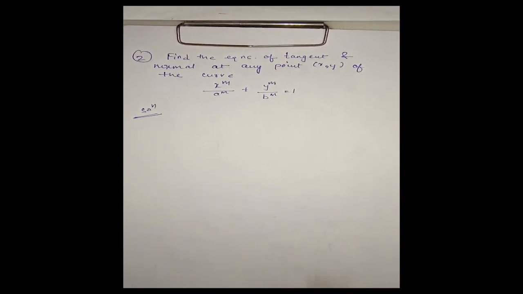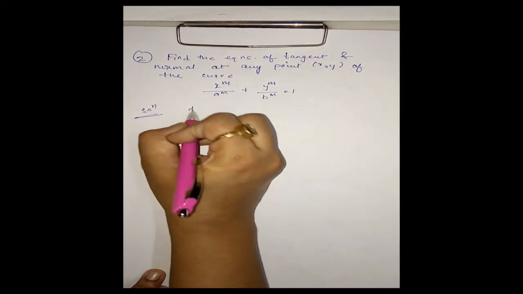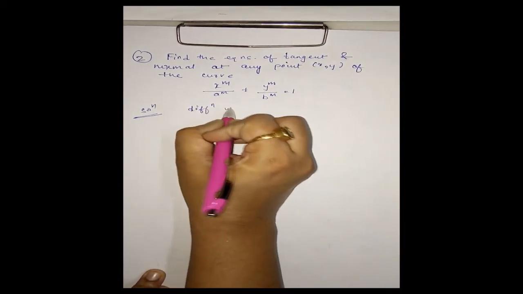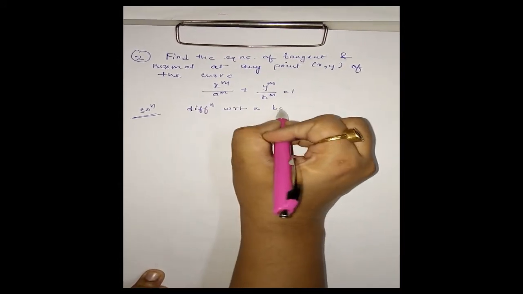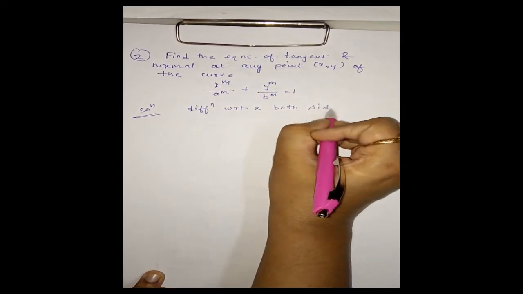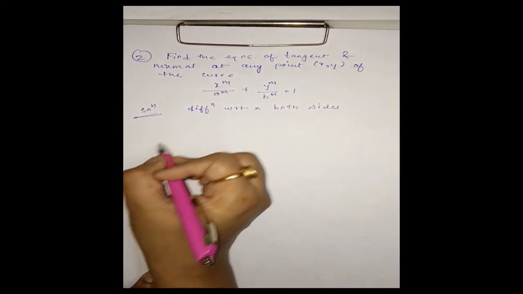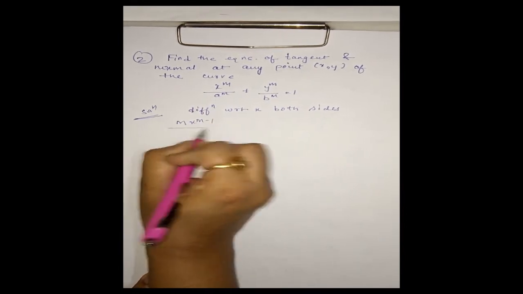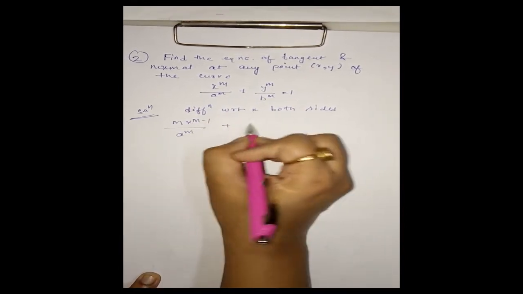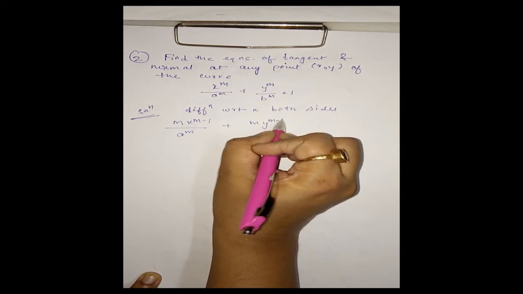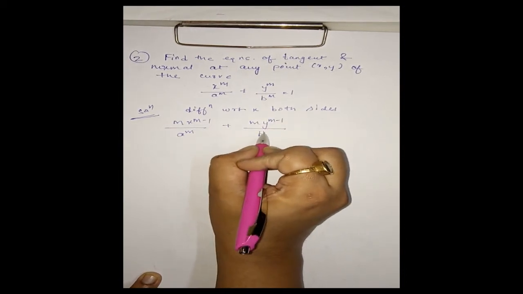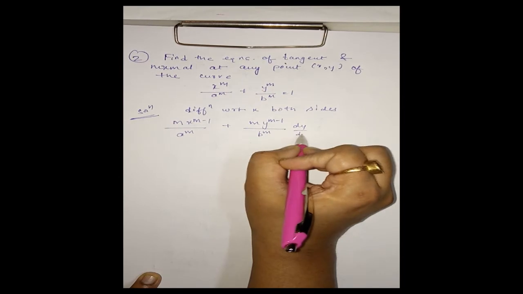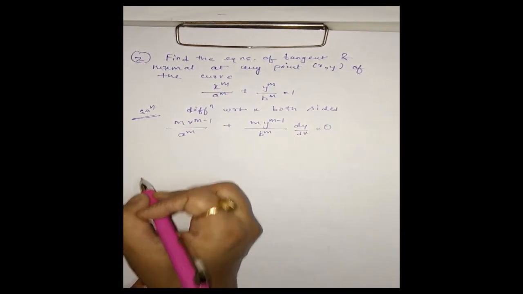Okay, first differentiating with respect to x both sides, we have to find dy by dx. Now this will give us mxm minus 1 by am plus mym minus 1 by bm dy by dx is equal to 0.